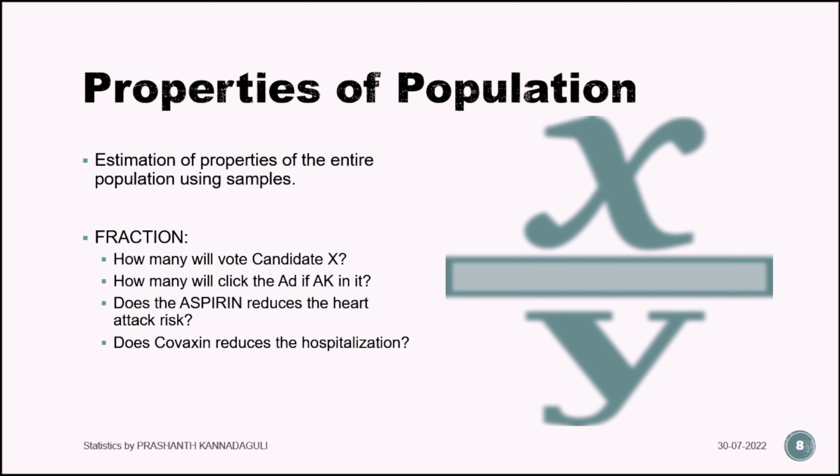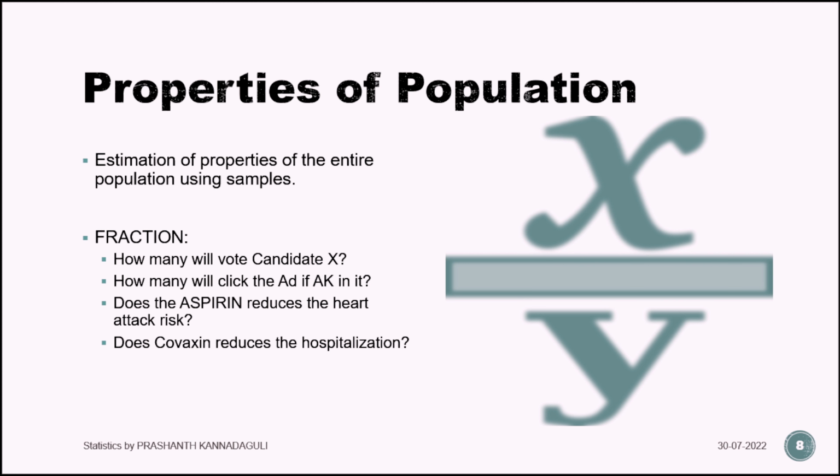So when I do a sampling and I have samples available, what is my overall objective? I want to guess who is going to win. That is the decision of the whole population. The whole population means you may have 10 lakh people, but you are asking just, say, 100 people.